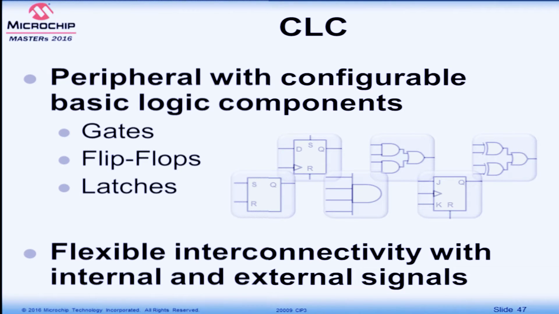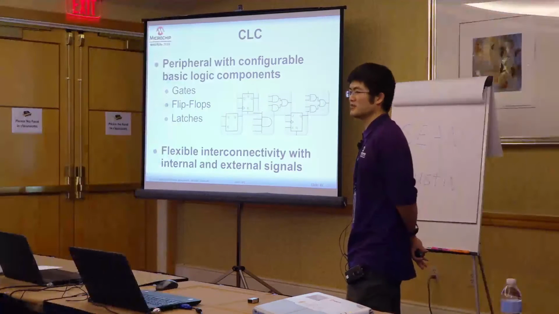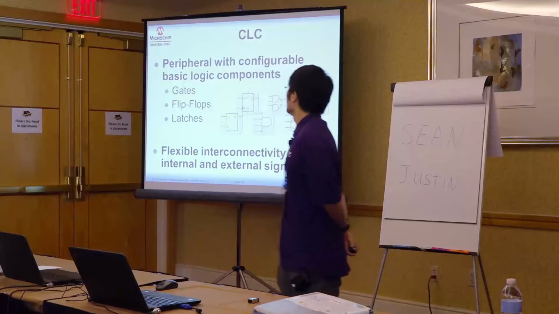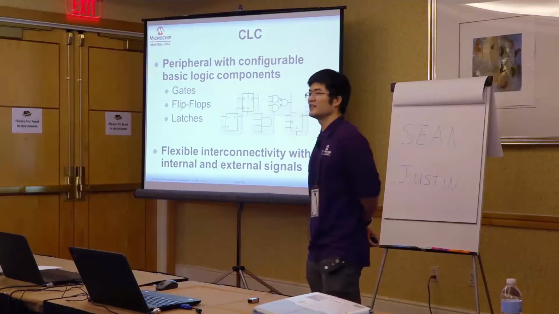But first of all, that's some extra cost to your board, even though those are cheap, and it consumes your PCB area. So to save your money, time, and PCB area, we came up with the CLC module, which is on the die. You can configure them as different logic components like gates, flip-flops, and latches, and use them.